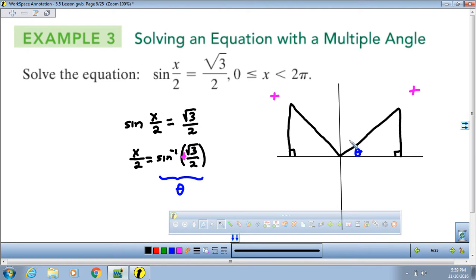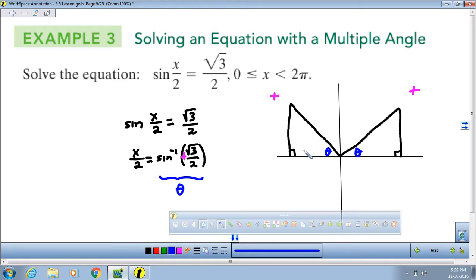Right here, sine is periodic every 360. So these two angles in quadrant 1 and quadrant 2, every 360 will generate a different angle. So we have to give both separate solutions, because if I add 360 to this first angle, it's never going to land in this angle in quadrant 2, right? So those are two separate angles in this one.